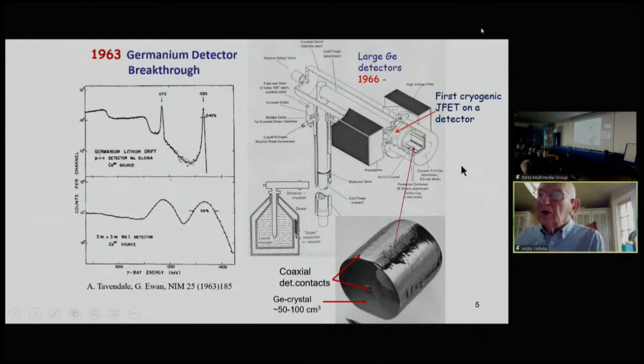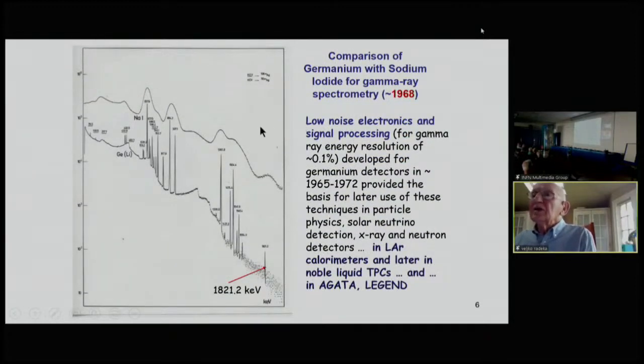Since germanium had to be operated at low temperature, it was also the start of cryogenic electronics, by connecting a JFET, junction field effect transistor, close to the germanium. So that was a dramatic improvement, and those detectors with JFETs showed a dramatic improvement compared to sodium iodide, achieving a resolution which is very close to what is achieved today.